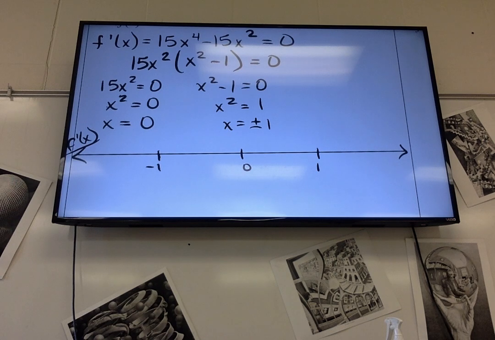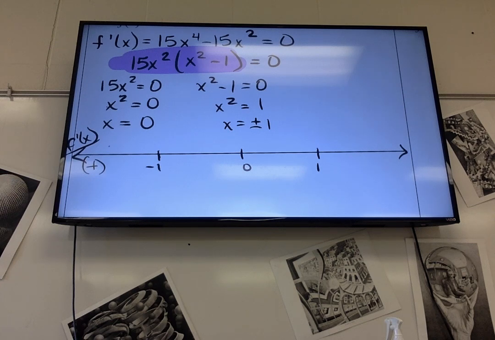I'm going to plug in negative 2. It's easiest, in my opinion, to look at the factored form. If I plug in negative 2, I get negative times negative, that's 30, so that's a positive.